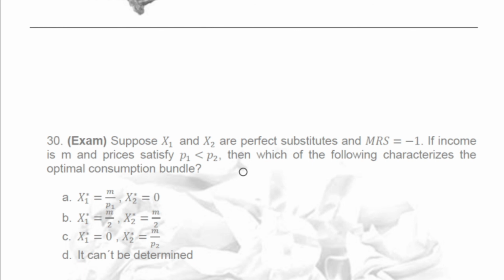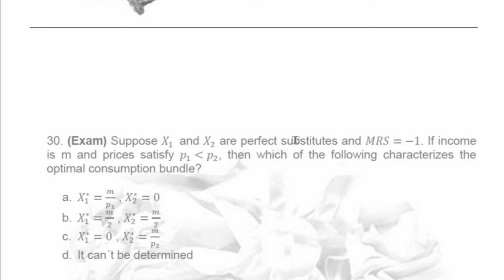The 30th, another exam question. Suppose x1 and x2 are perfect substitutes and the MRS is -1. If income is M and prices satisfy that P1 is lower than P2, which of the following characterizes the optimal consumption bundle? Well, this is very easy. If the MRS is -1, that tells me that x1 and x2 are equally desirable.